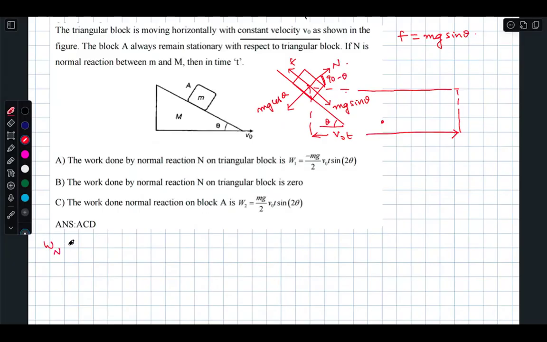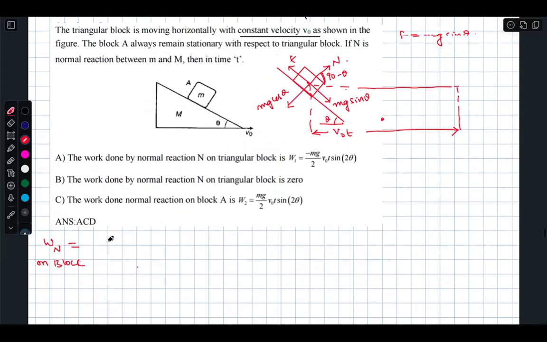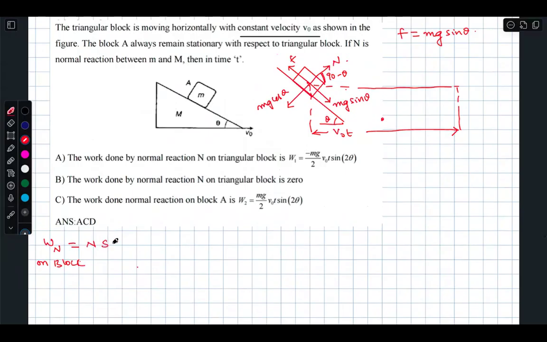So work done by normal reaction force on block. Are we clear on this? Is equal to simply N into displacement into cos 90 minus theta. N here is clearly mg cos theta. S clearly V naught t sin theta. So this is nothing but mg V naught t sin 2 theta by 2.